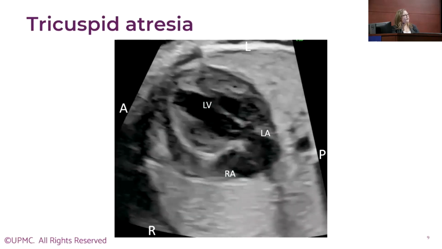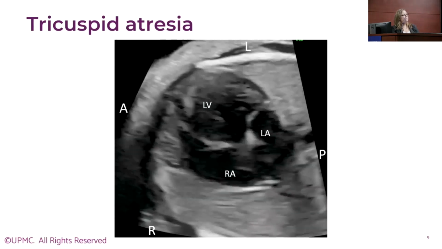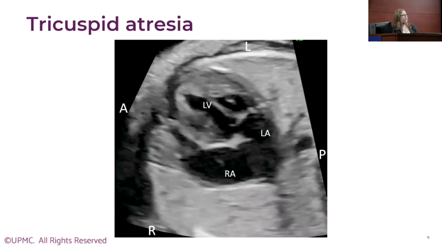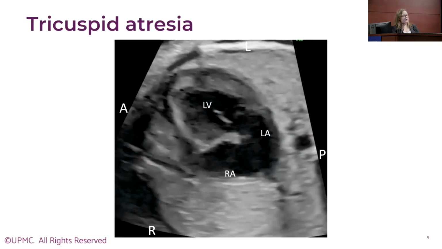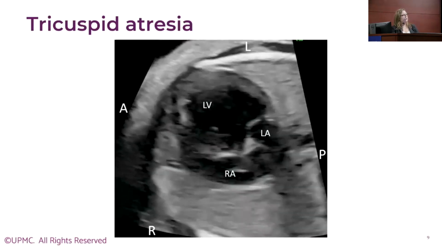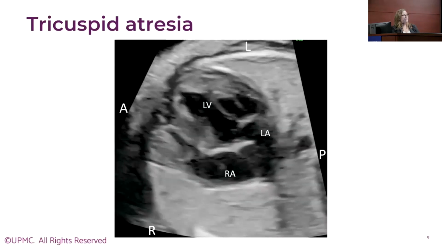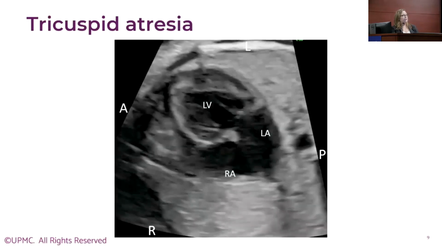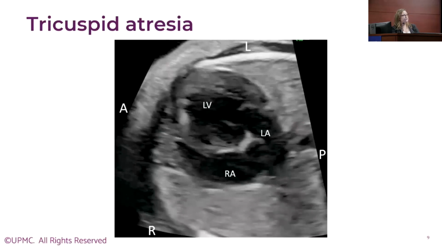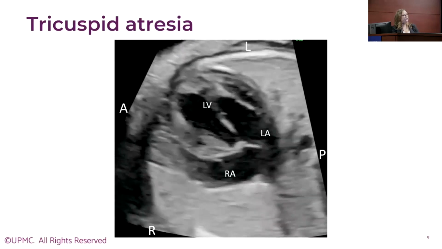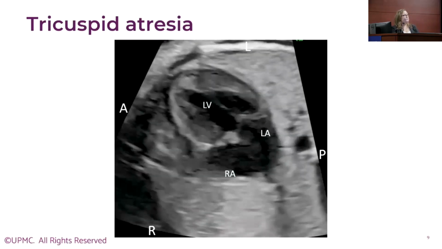In this example of tricuspid atresia, there was again only a recognizable single ventricular mass, and a normal LA to LV connection with no connection seen from the right atrium to a ventricle, and thus felt to be tricuspid atresia.